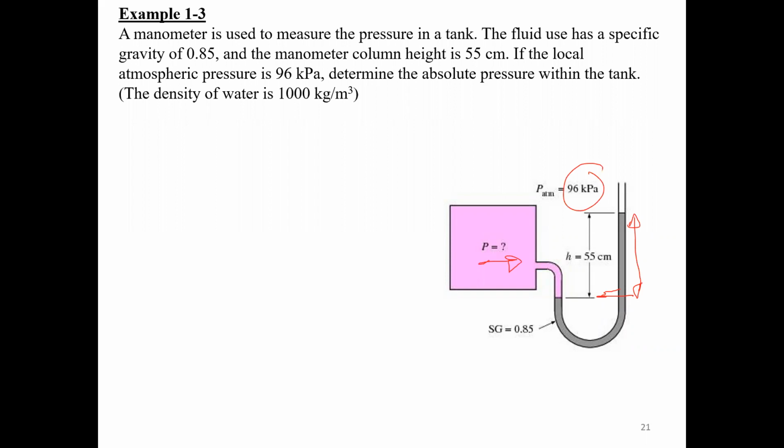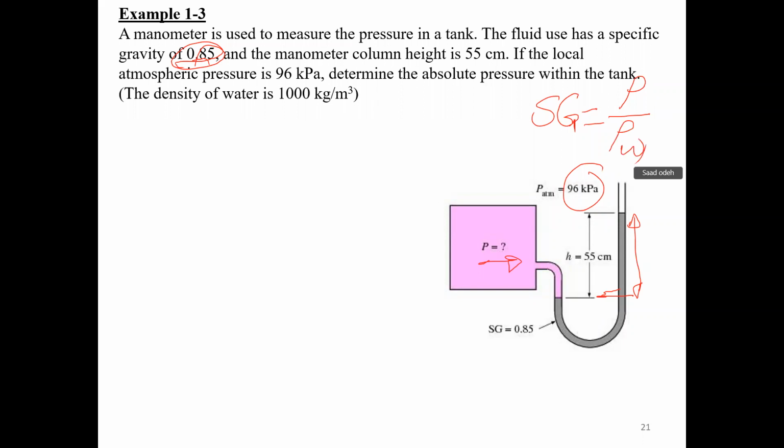The gravity is known, the density of the liquid we don't know, but we know the specific gravity. Remember the definition of specific gravity we mentioned before. Specific gravity is the density of any fluid or liquid divided by the water density.